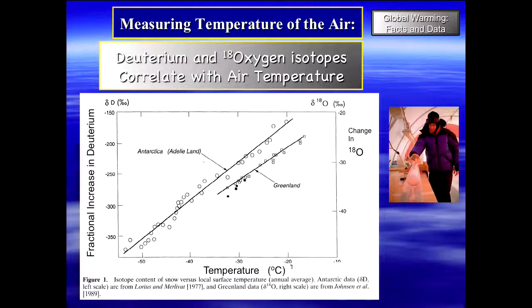The amount of deuterium tells you, by reading down here, what the temperature was. For any value of deuterium, you can figure out what the temperature was when that snow fell and got trapped in an ice core. And by doing this, you can therefore read off the temperature of the Earth's atmosphere going back 400,000 years.